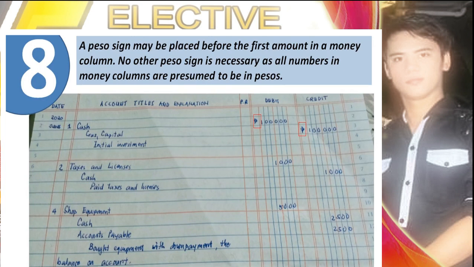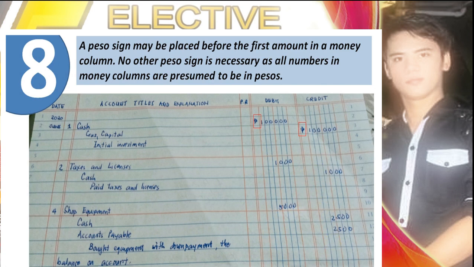A peso sign may be placed before the first amount in a money column. These are our money columns. Notice there is a peso sign here and a peso sign here. This is the first entry in the debit column, and this is the first entry in the credit column. The succeeding amounts have no peso sign.